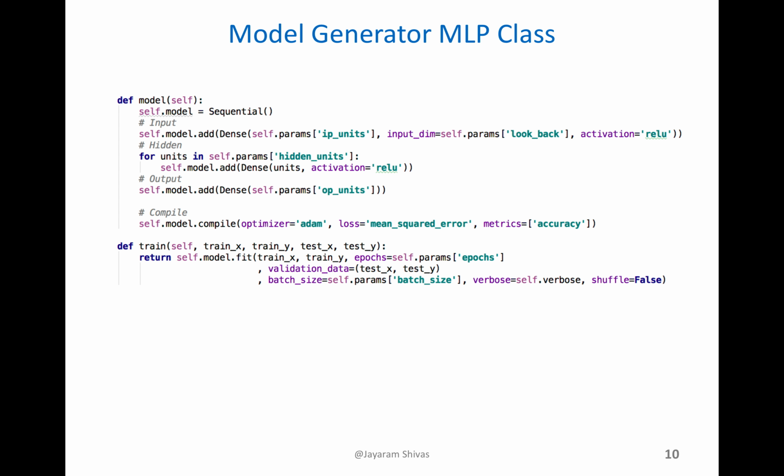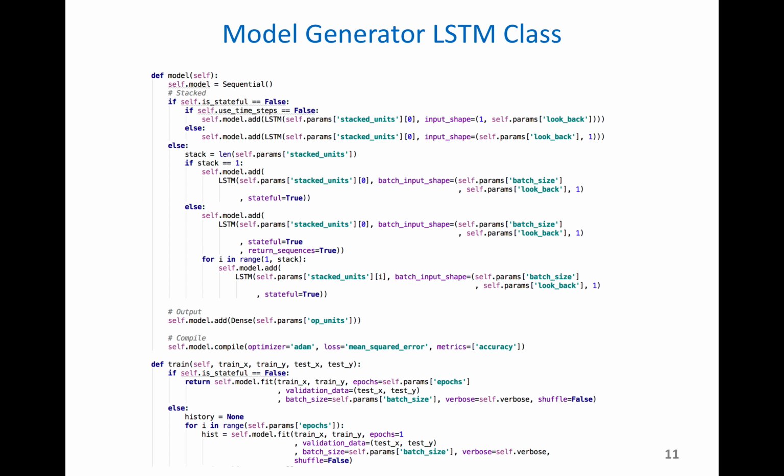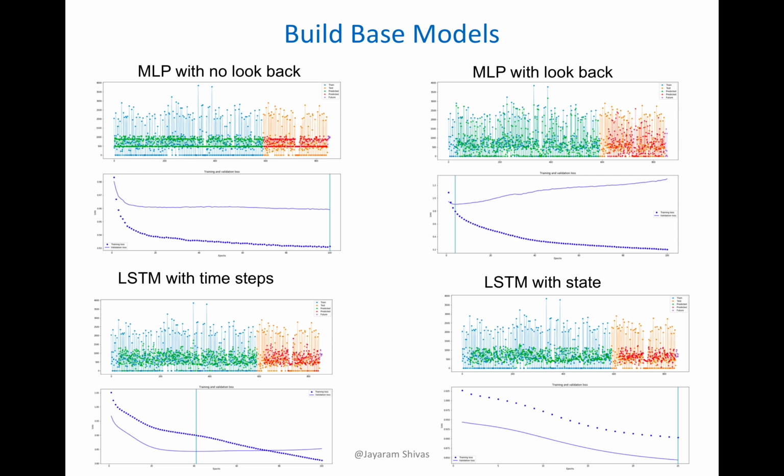So the advantage of this is that when you're in your training stage, rather than start with a static model, you can set up a bunch of parameters. These parameters can be passed into this generator class. Models can be generated, trained against the data, and then evaluated. Similarly, you can look at the LSTM. You can see how none of the model code is actually fixed. It all depends on the input parameters.